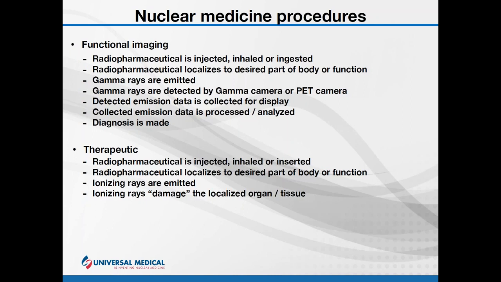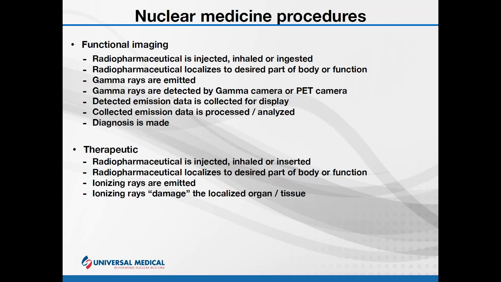The gamma ray emissions, when they're localized there, are detected by a gamma camera or a PET camera. The detected emissions are then collected and processed, and that is analyzed and displayed, and a diagnosis is made. So the physician, the radiologist says this, that, or the other thing about your organ.